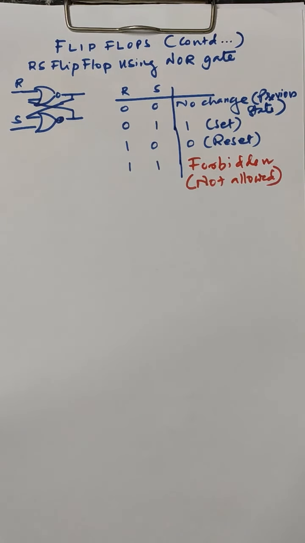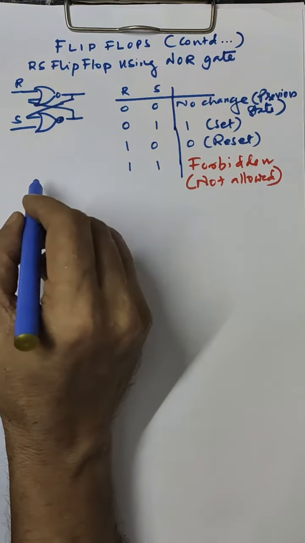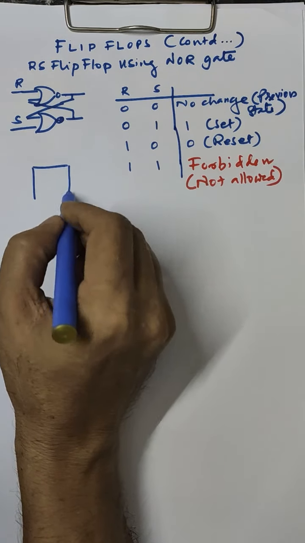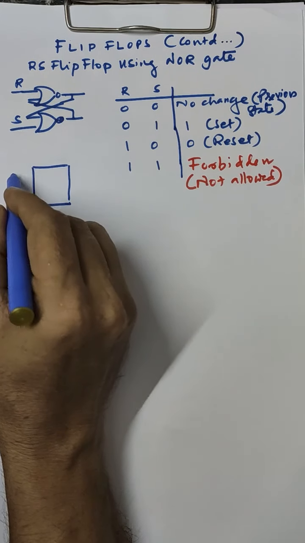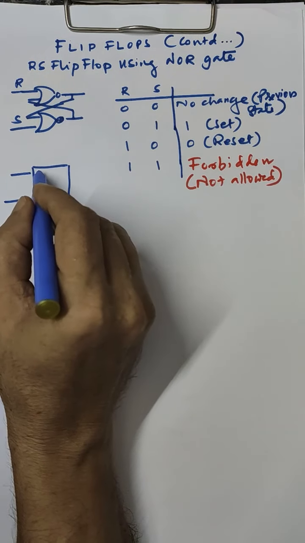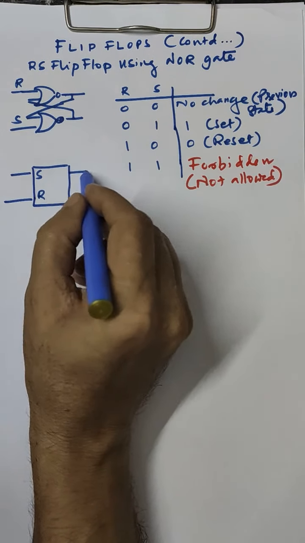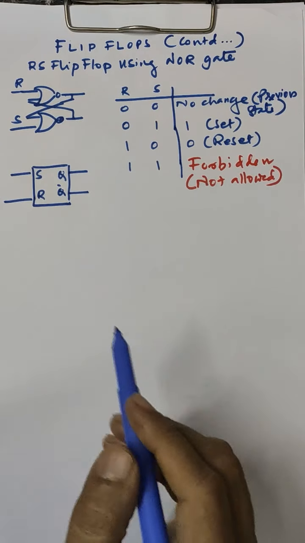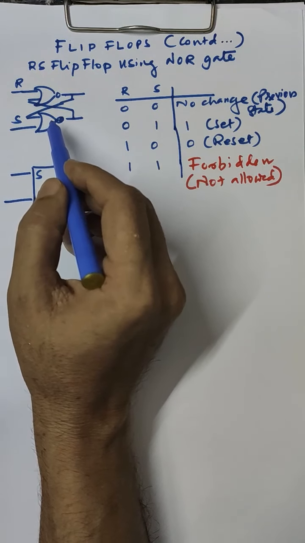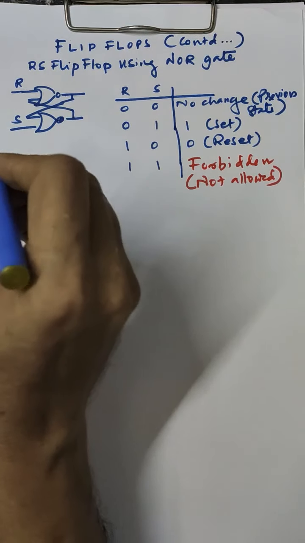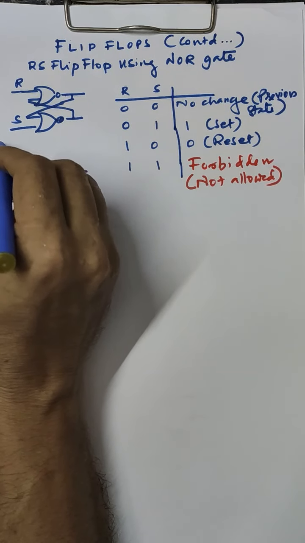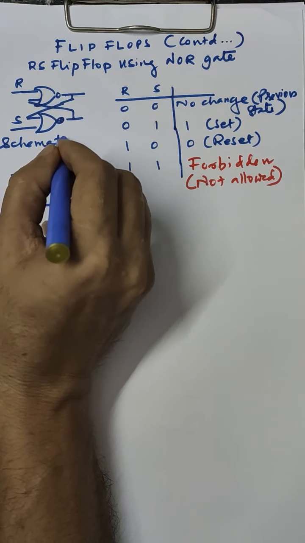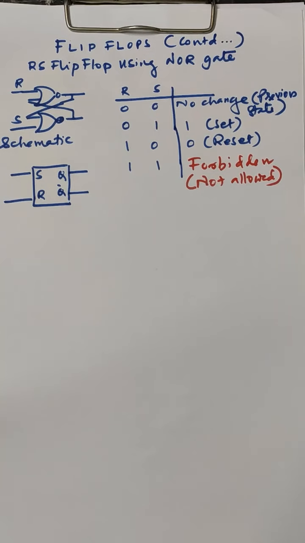Now this is an RS flip-flop, and while drawing diagrams, you can represent it with the help of a block diagram. This is S, R, Q and Q bar. The circuits shown with actual components are known in electronics as schematic circuit diagrams.